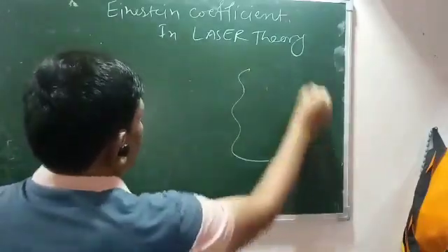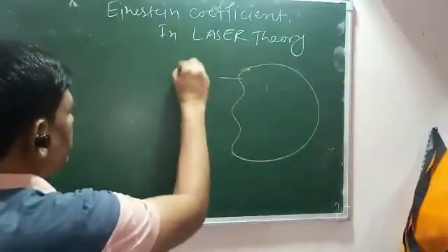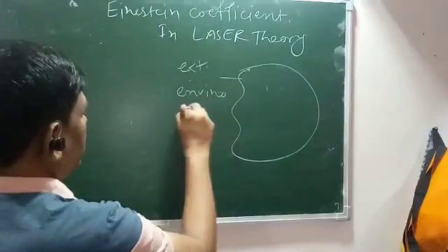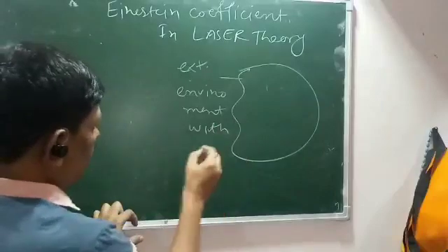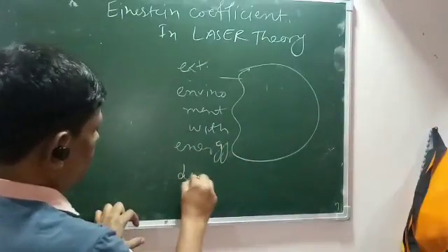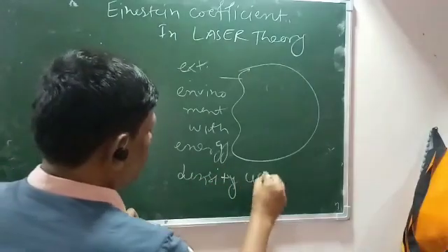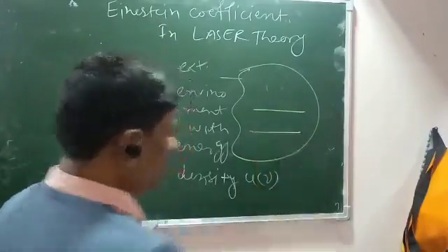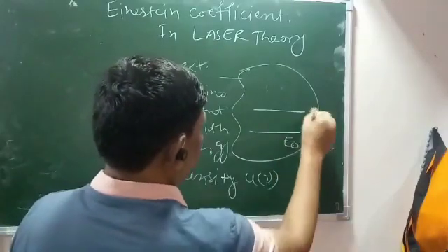Let us consider an external environment with energy density U of nu. In between them there are energy states, called E0 and E1.